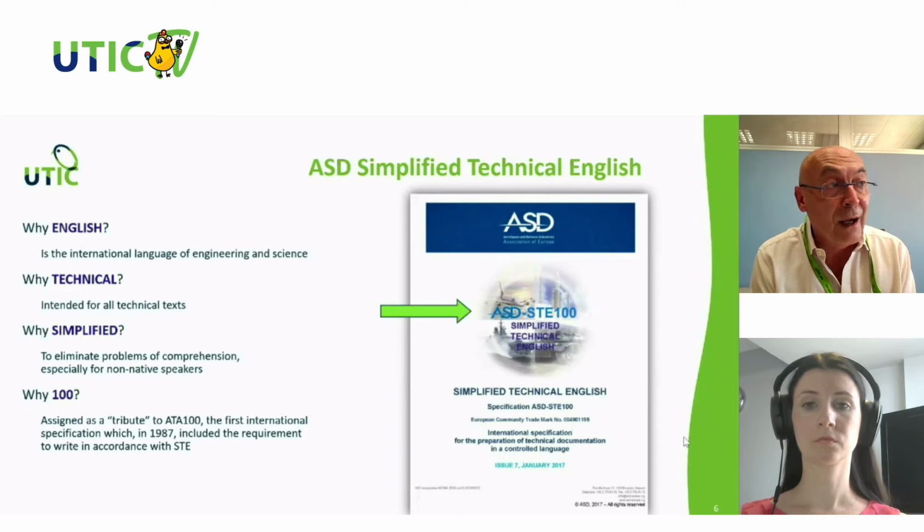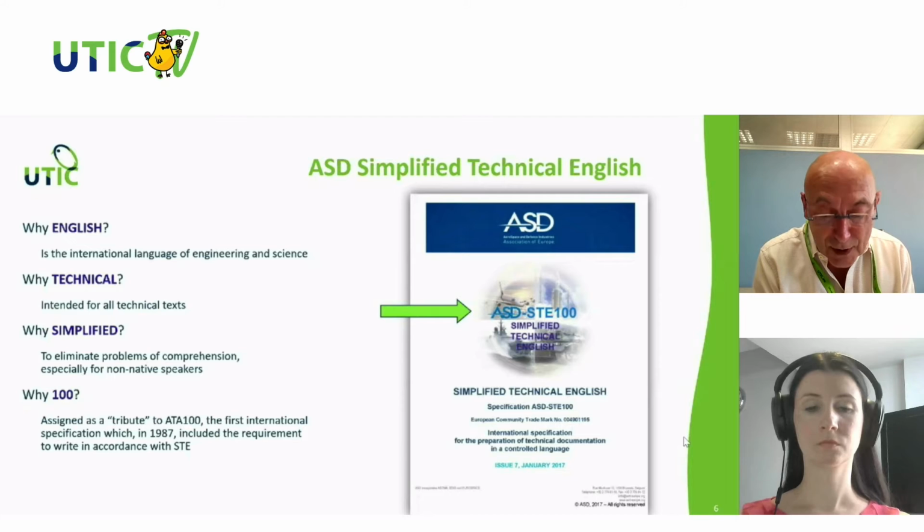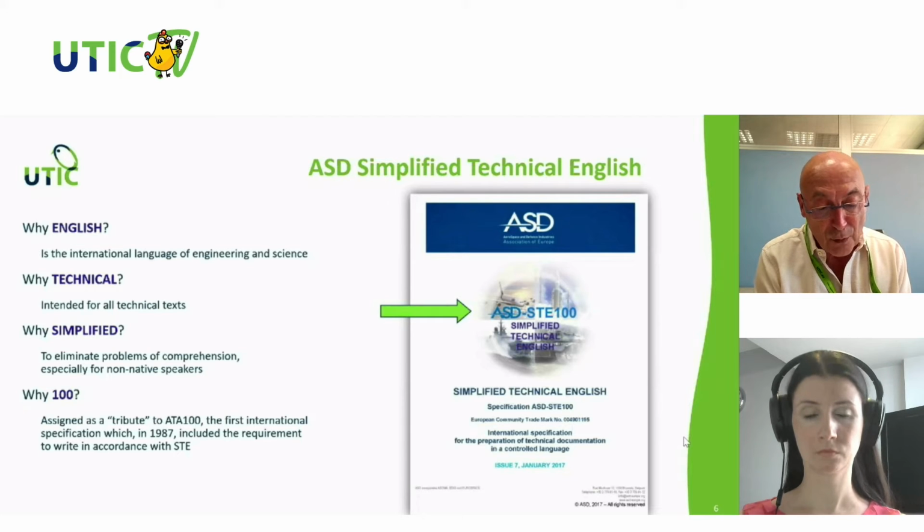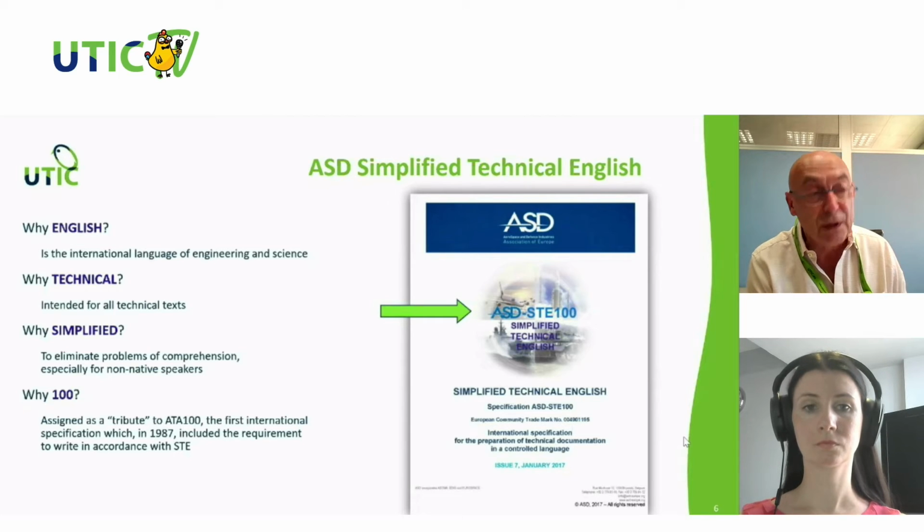And why 100? 100 has been assigned by us, by the STMG, as a tribute to the ATA 100, which was the first international specification, which in 1987 included the requirements to use simplified technical English in maintenance manuals. ATA stands for Air Transport Association of America.